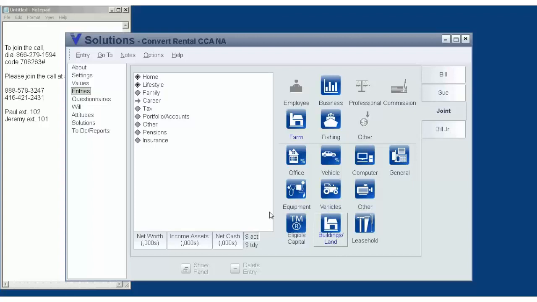In CorpWorks, you would model a farm exactly the same way, so you can model an incorporated farm and then take the CorpWorks file to the VisionWorks file. And in VisionWorks, when we do a will, we treat the transfer of assets to children and grandchildren correctly. In other words, no capital gains are applied.